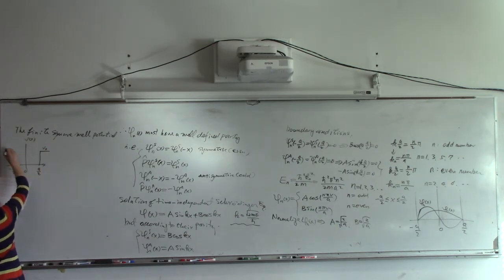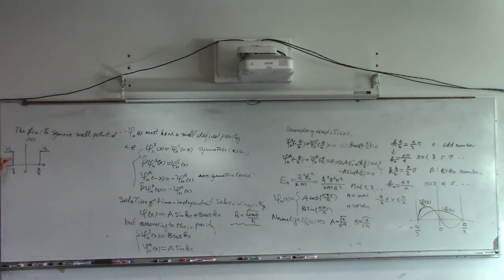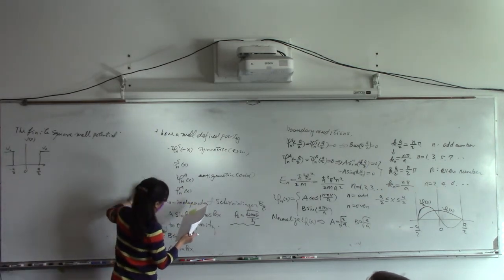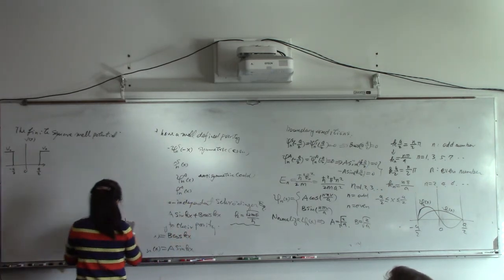This is V naught, this is V naught, not going to infinity. And if it does not go to infinity, then quantum mechanically, the probability of finding the particle inside this potential barrier region is non-zero, right? So let's see what result this gives. Now let's discuss this case.